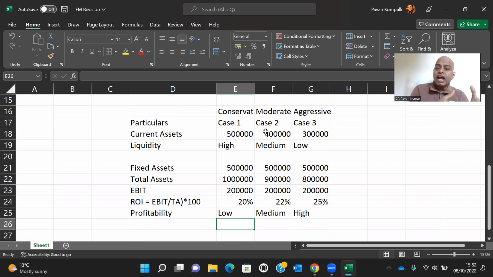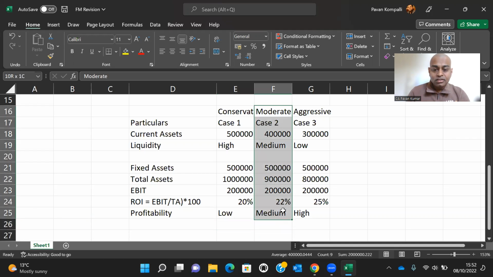If my liquidity is high, profitability is low. If my liquidity is low, profitability is high. You understand? So which is the best option? Obviously, the moderate option is the best option, because here liquidity is medium and profitability is also medium.